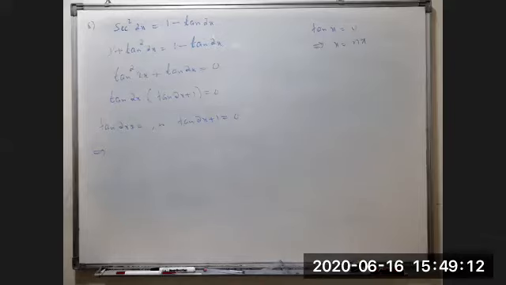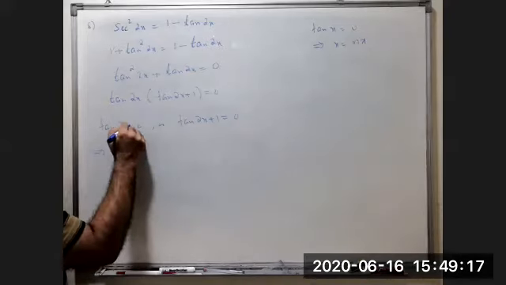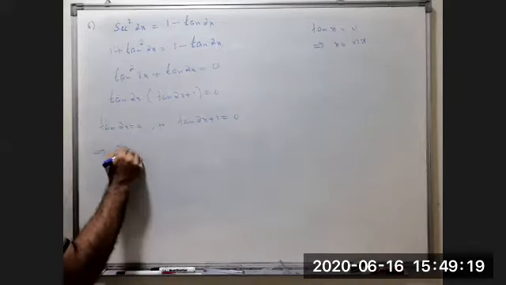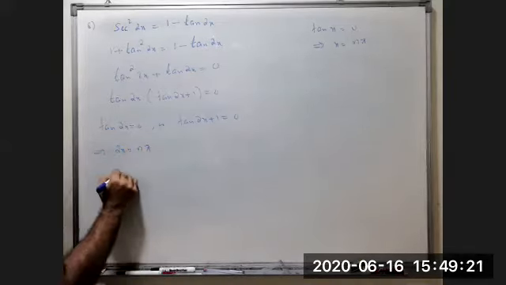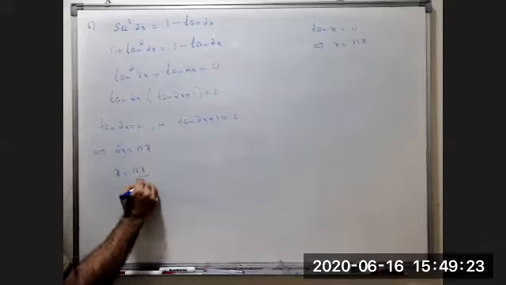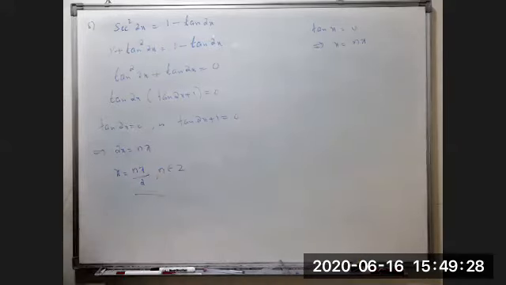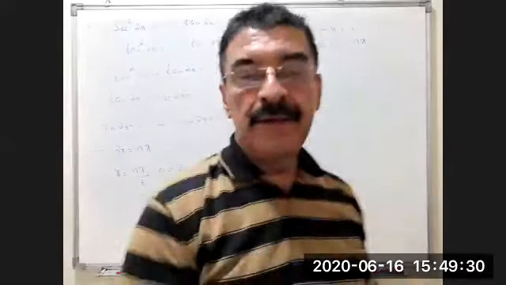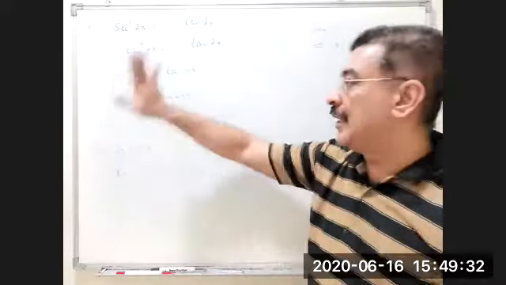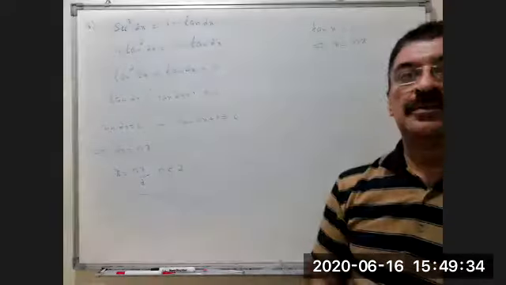Do you remember it? So tan 2x is 0 means 2x is equal to n pi, so x is equal to n pi by 2. And this is the first general solution, the general solution from one part. That part is tan 2x is 0.